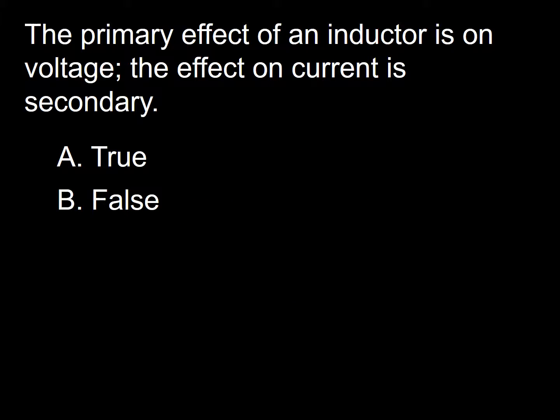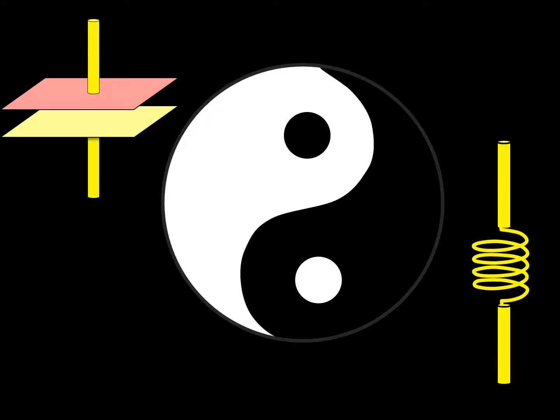Next question. The primary effect of an inductor is on voltage. The effect on current is secondary. True or false? As I told you in the past, most things that are done by a capacitor are in a way done by an inductor in the opposite way.